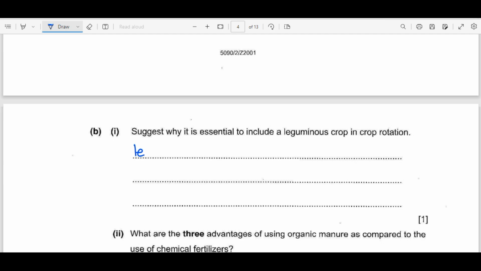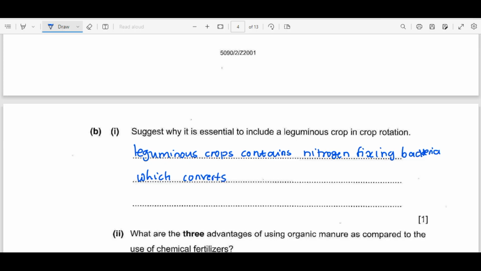Say leguminous crops contain nitrogen fixing bacteria, which convert nitrogen gas into nitrates and make the soil more fertile.